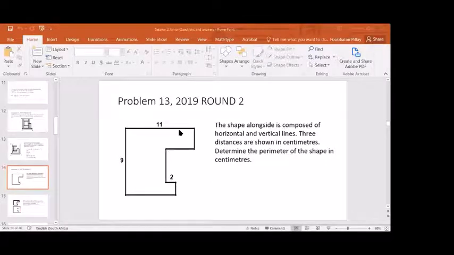Okay, now we go on to problem number 13. You got a rather strange shape here, and you're given some sides in this shape. 11, 9, and so on. And the question is, determine the perimeter of the shape.